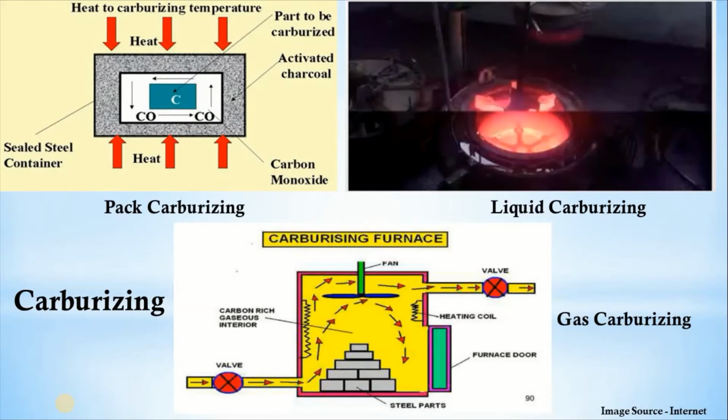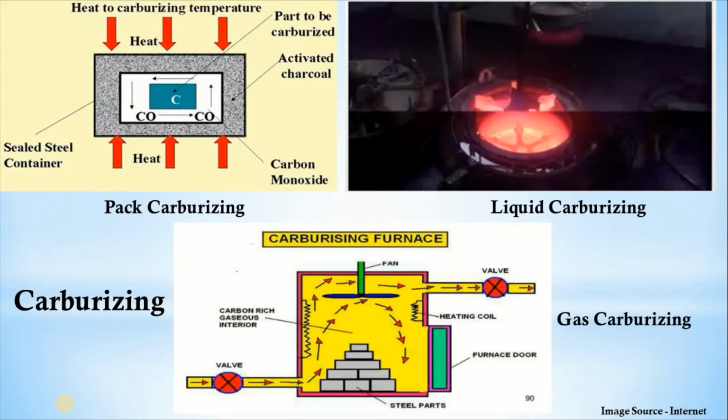In this figure you can see the carbon rich gas is passed into the interior, circulated with the fan and heated with this heating coil. So there we can case harden the steel part by using gas carburizing.